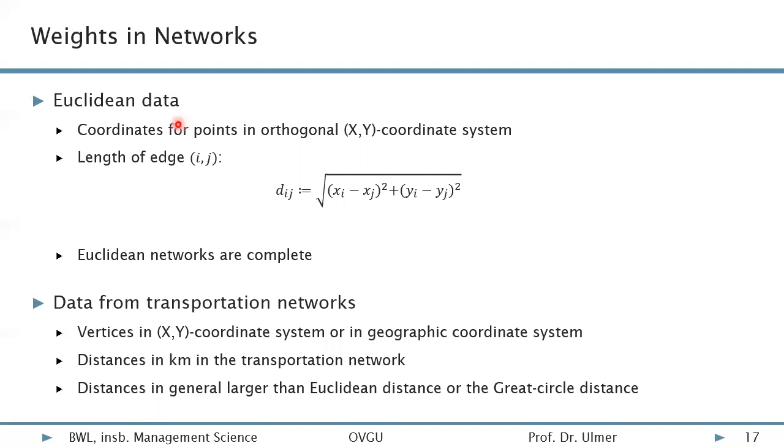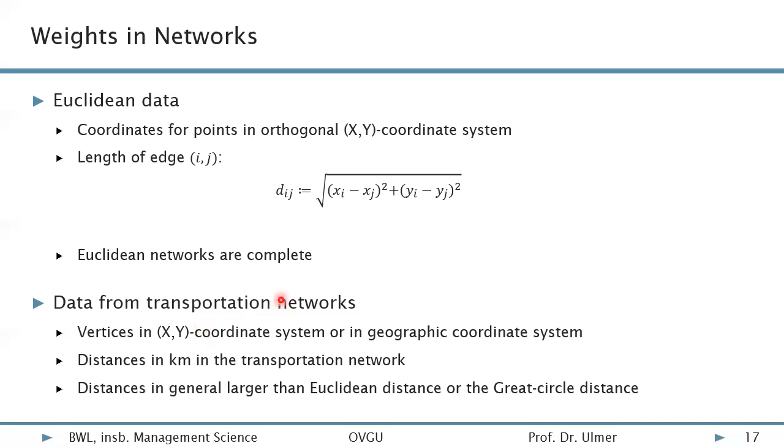Then we can use these Euclidean distances. And this is just what we had last week, I think, too, the square root of the sum of the squared differences in the coordinates. And if we have a Euclidean network with Euclidean distances, this network is also complete. We do not need to take a detour via additional vertices. We can always travel directly between 2 vertices.